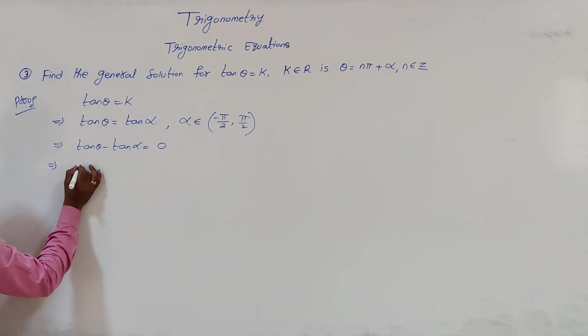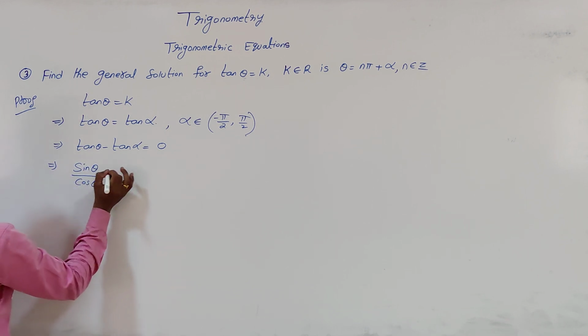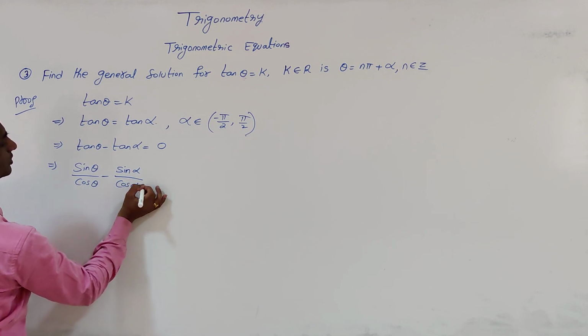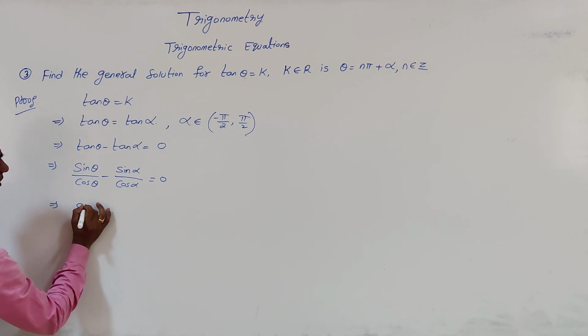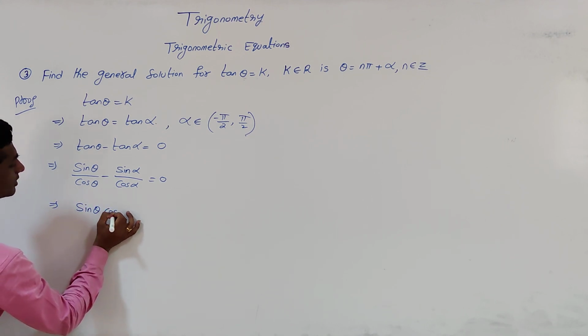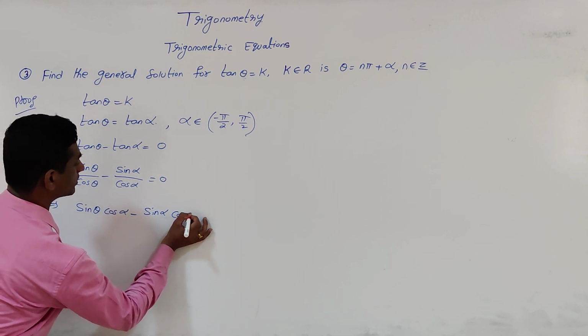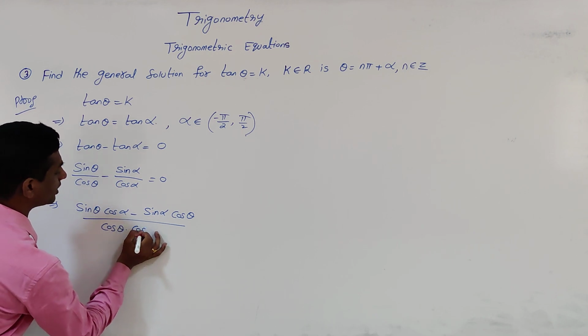So what is tan theta? We can write sin theta by cos theta minus sin alpha by cos alpha is equal to 0. Take the LCM, that will be sin theta cos alpha minus sin alpha cos theta by cos theta into cos alpha is 0.